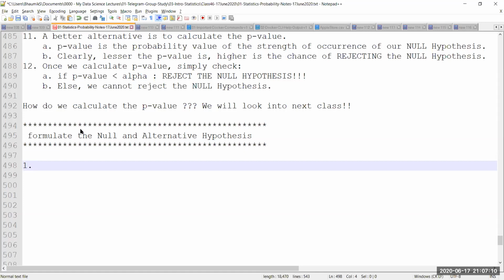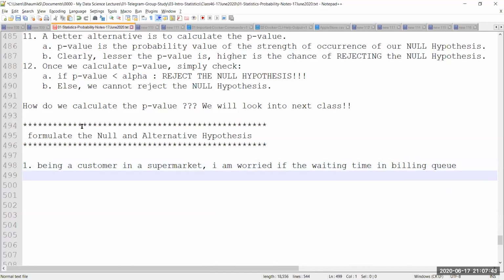All right. So let's take a few questions. I have gone to a supermarket. Again, I'm going to go back to that same example. This time, let's say I'm not the floor manager. I am actually a customer in a supermarket. Being a customer in a supermarket, I am worried, let's say, if the waiting time in the billing queue is more than 15 minutes, right?